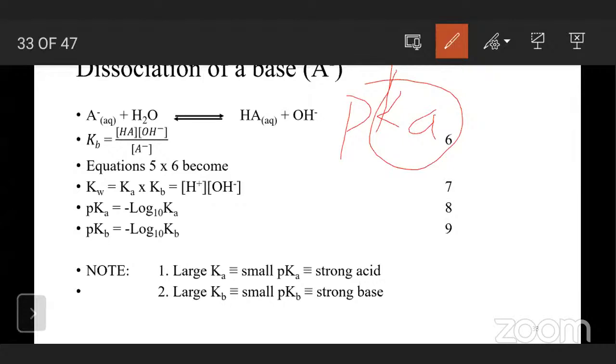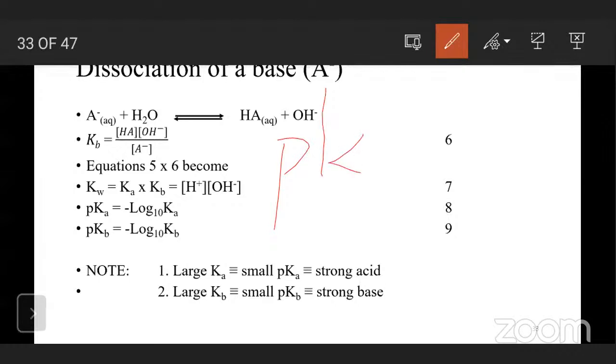So we can write this pKa to be equal to minus log to base 10 of the acid dissociation constant. And if we're referring to the base, we'll also write the pKb to be equal to minus log to base 10 of Kb.